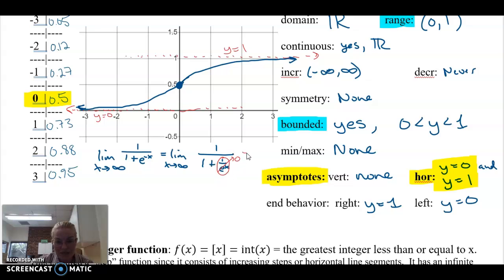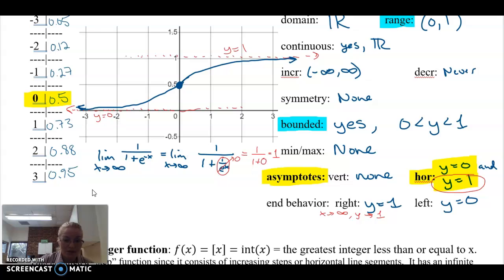So this limit is really kind of approaching 1 over 1 plus something so small it doesn't even matter. That's the same thing as 1 over 1, which is 1. So that's my end behavior as x goes to positive infinity. I get the horizontal asymptote y equals 1. That's my right behavior, right? As x goes to positive infinity, y goes to positive 1. So again, y equals 1 is the equation of my horizontal asymptote.